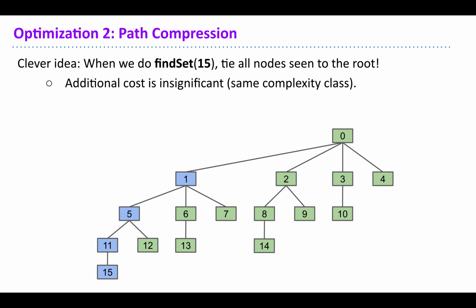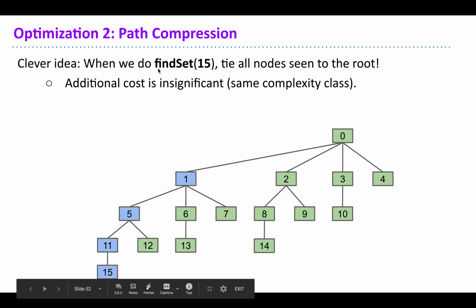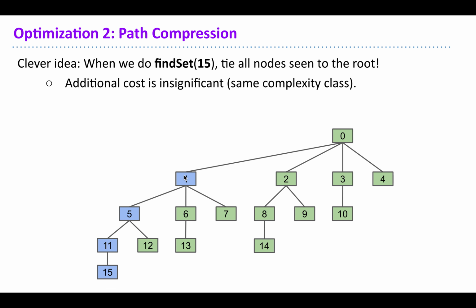Our second optimization is also going to keep the height small. What's going to happen is whenever I call find set on a node, in this case, for example, find set of 15, I jump to 11, then 5, then 1. Remember, we're always jumping up until we reach something that doesn't have an up arrow. 1 still has an up arrow, so I jump up to 0.